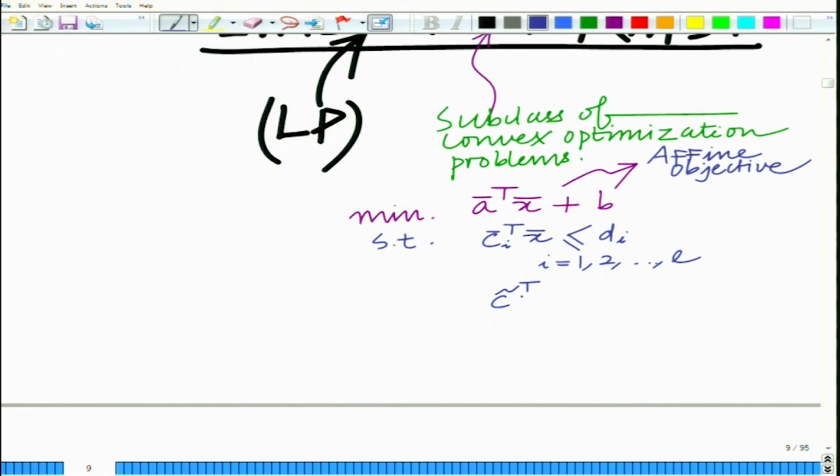That is c tilde_j transpose x bar equals d tilde_j for j equals 1, 2 up to m.